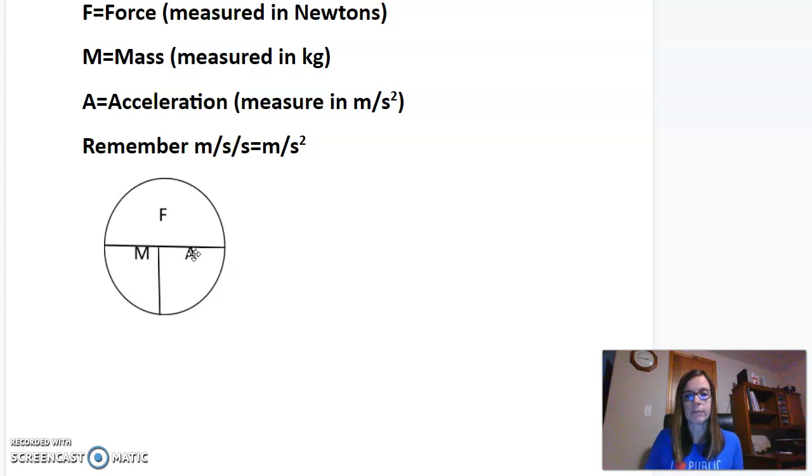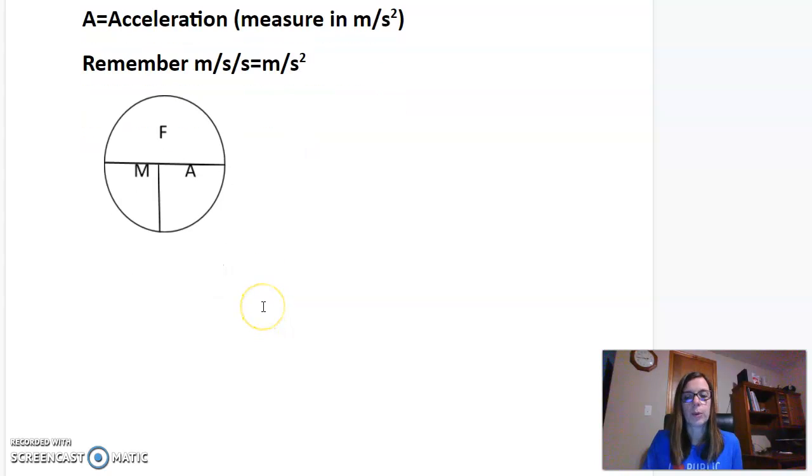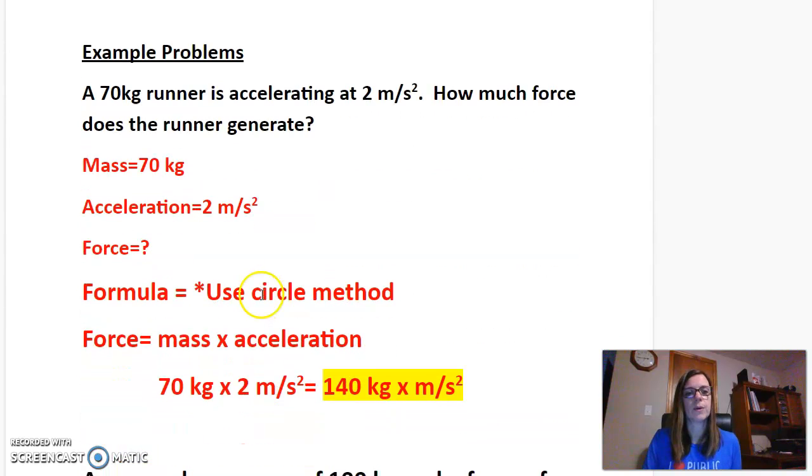All right, now we're going to go through a couple little example problems so that you can get the hang of using the circle method. Here's a little example problem about a runner. It says a 70 kilogram runner is accelerating at 2 meters per second squared.